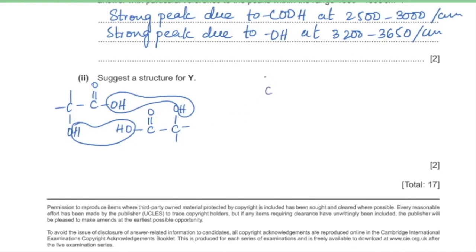Now we have CH2 and then CO. Now this carbon atom will be attaching itself to this oxygen atom. So oxygen and then carbon, and then this carbon atom is attached to this double bonded CO, and then this carbon atom will now attach to this oxygen atom. So this O and this O are attached to this carbon atom.